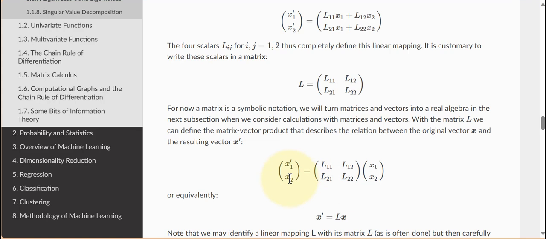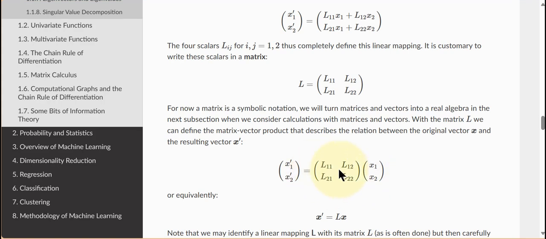So whenever that is the case, that mapping will be linear. So when you take a matrix times a vector, you're going to get a new vector. You can think of that as a mapping, and it will turn out to be a linear mapping.